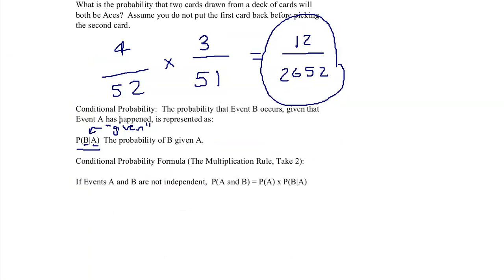Probability of B given that A occurred. And that gives us another multiplication rule. And that multiplication rule says that if events A and B are not independent, the probability of both is the probability the first occurs times the probability the second occurs, given that the first already happened.